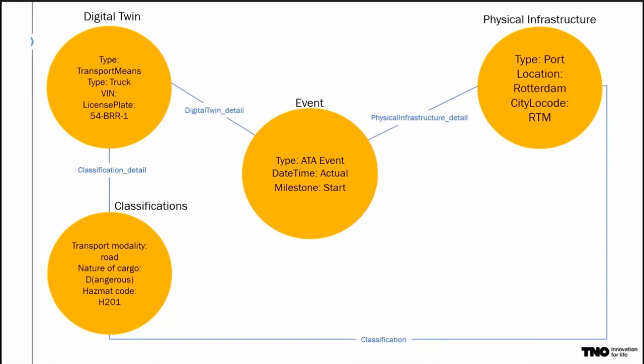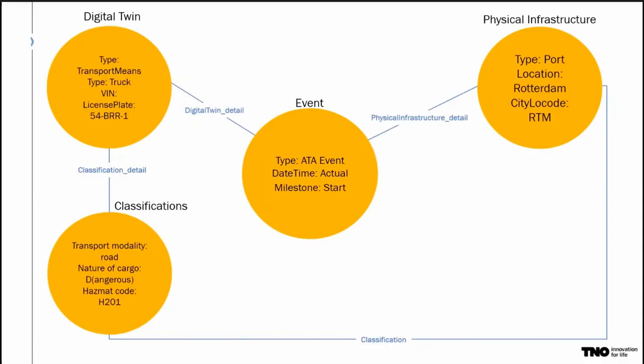But in Andreas' example, we already saw there are many different types of events. Also a discharge event, load event, stuffing event. So to turn this example into a real model, we generalized the approach. For an event, we modeled all the various types of events.